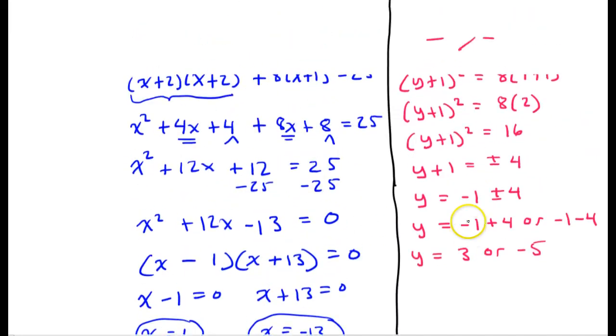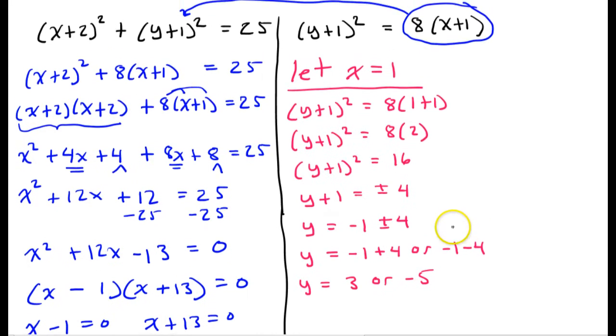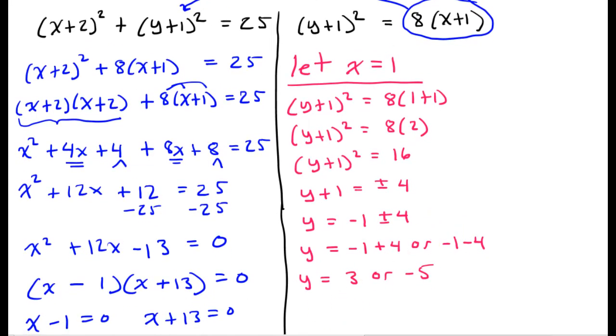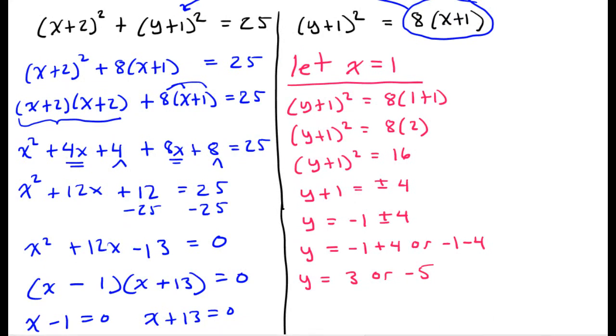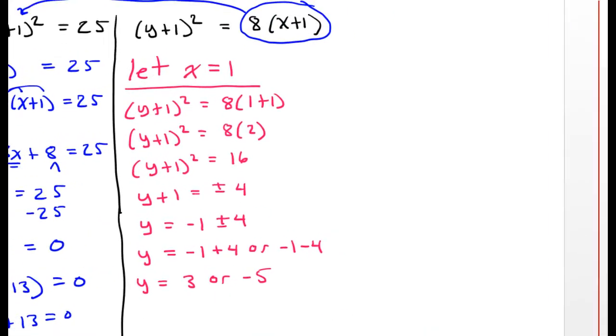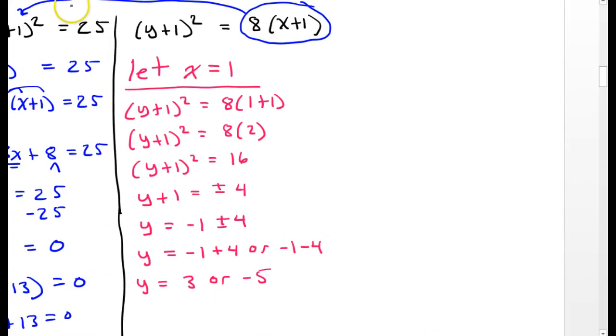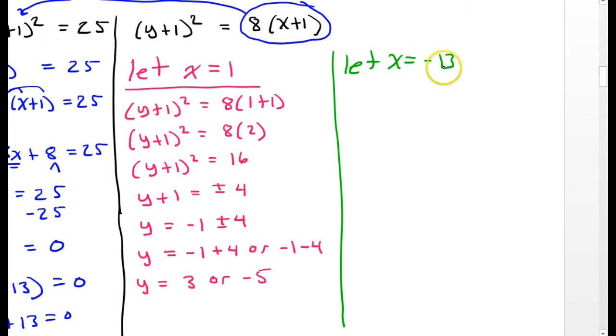So now let's go back and do that again for the other x value, which was negative 13. So we're going to go back and we're going to let x equal negative 13. Okay, so let x equal negative 13.